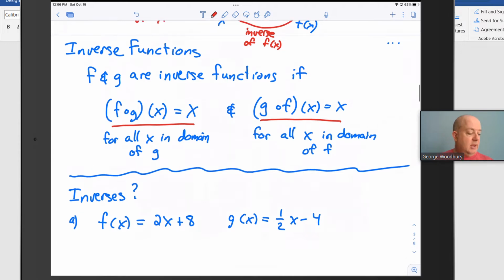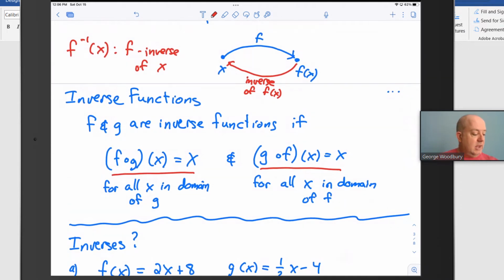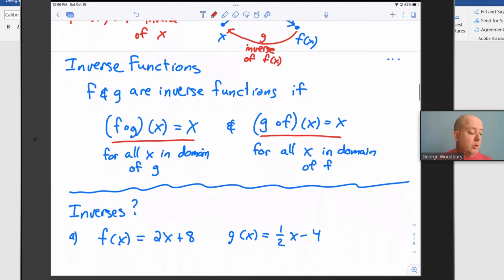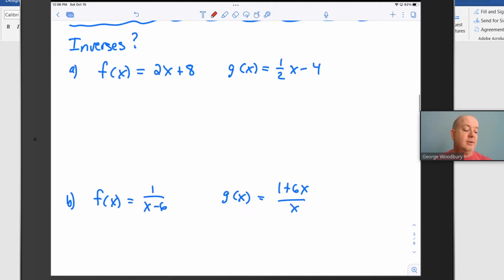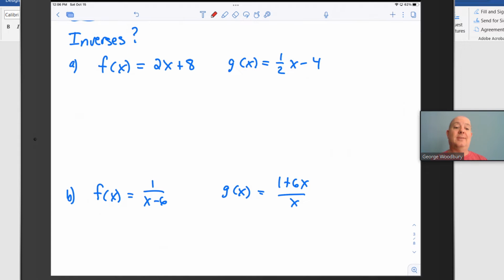So if you think about it, if we were using a function g to check if it was an inverse, is g of f of x equal to x? That's a composition of functions. So we're going to, in this video, check to see whether these functions meet the definitions of inverses, and we have to check, does f composed with g of x equal x for all x, and does g composed with f of x equal x?